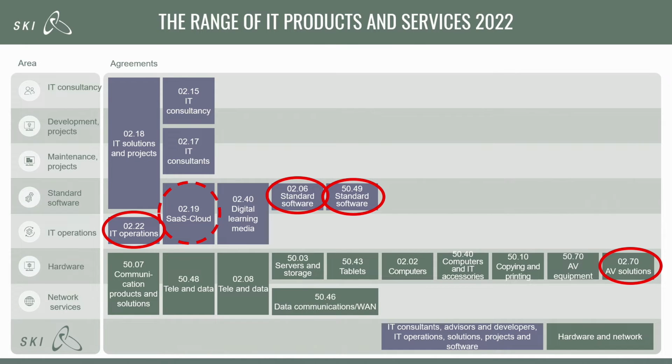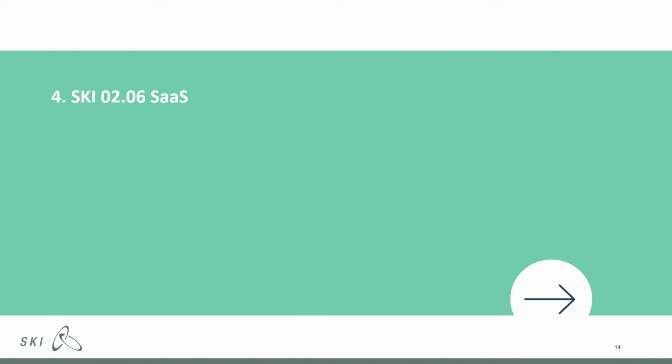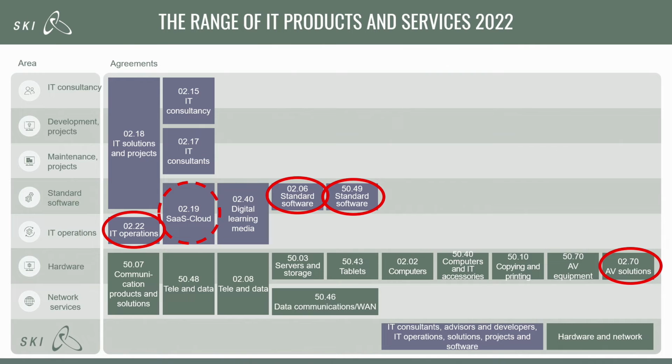This is a representation of what IT solutions we have in SKI. And as you can see, there is hardware and network services in the bottom, and the more complex stuff on top, where we have, for example, an IT operations agreement and some of the other.